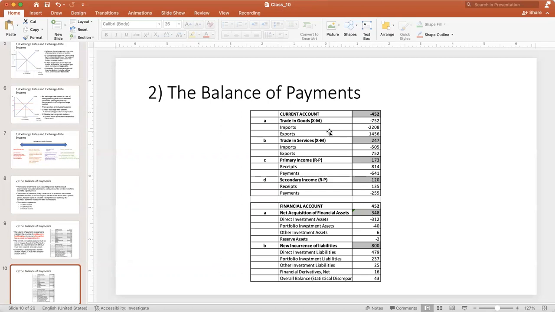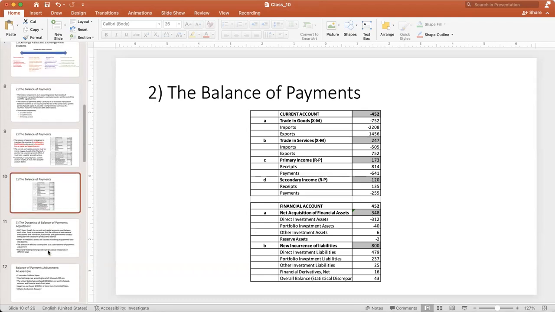So this country is spending more than its income. So that's why this country needs credit to support the more consumption. That's why the financial account is positive. Okay.